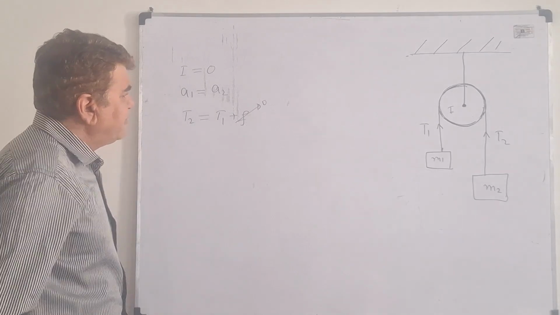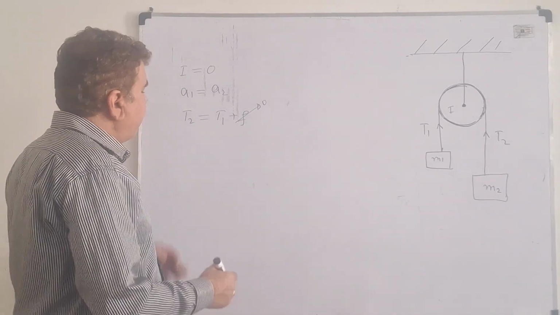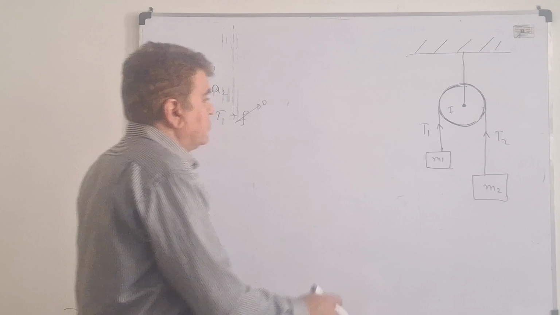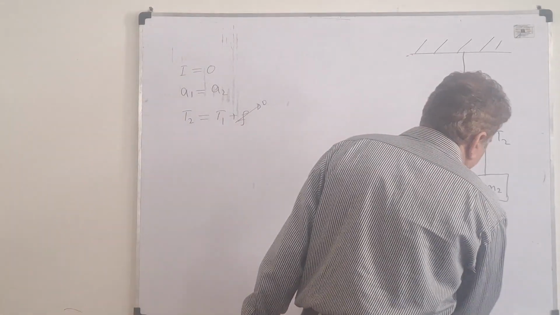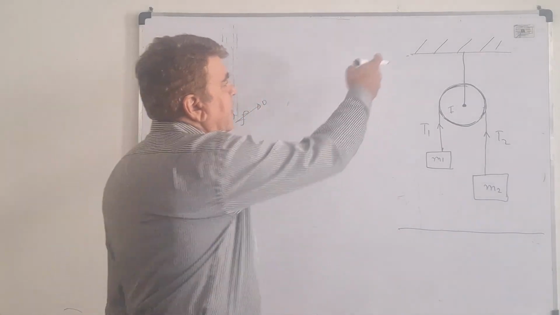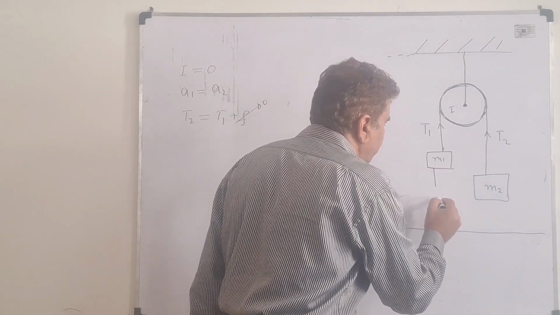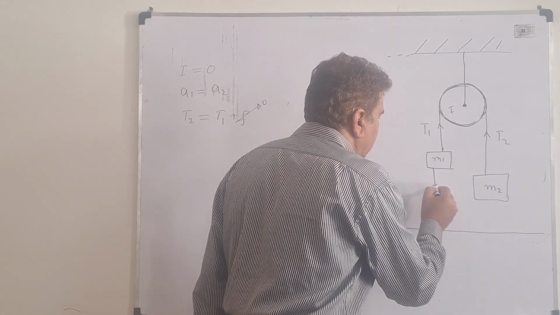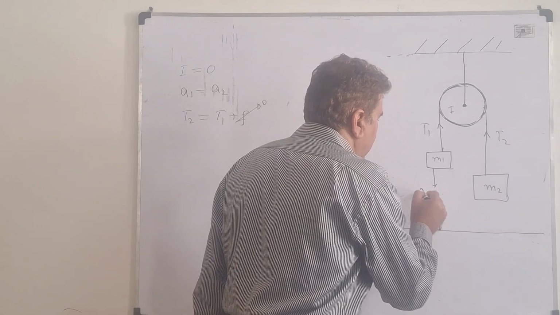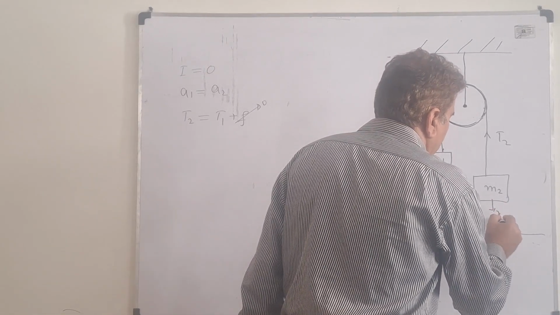So with these three constraints, it is now a very highly simplified problem, however far away from the real cases. And then I take a reference point, the ground, or this support could be the reference point, and I locate the positions of the two masses with respect to the ground. Let this be x1 and this be x2.